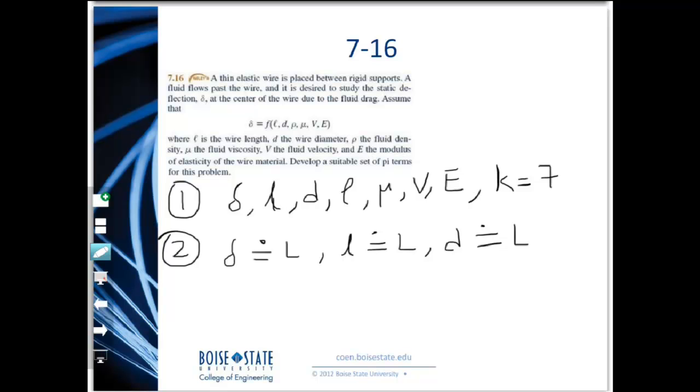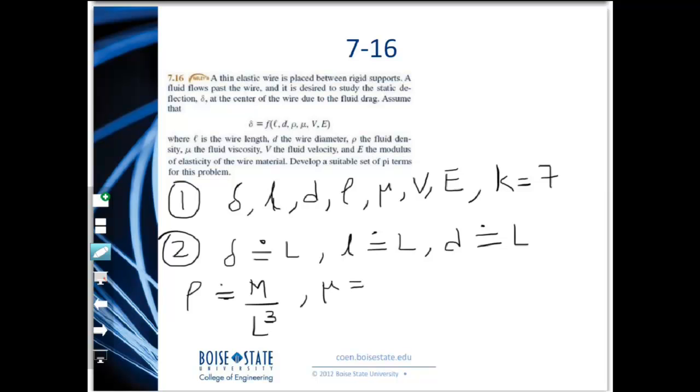Okay, and density we know is in the SI system kg per meter cube, so it would be M over L cube. Similarly, mu.